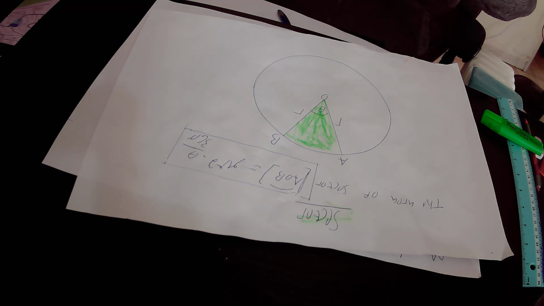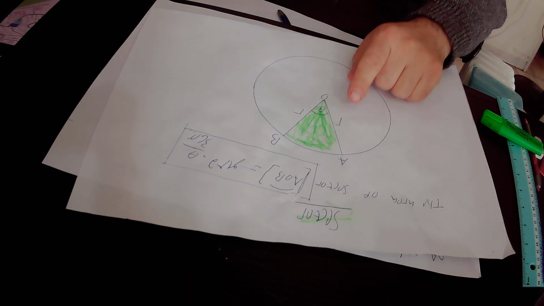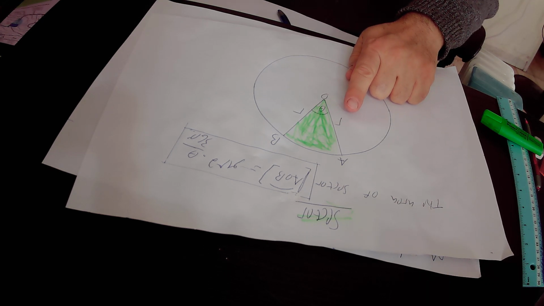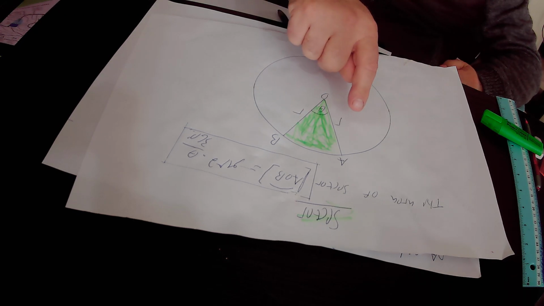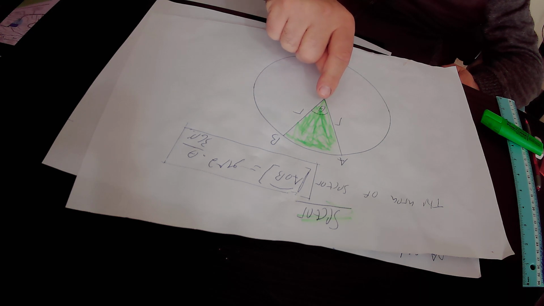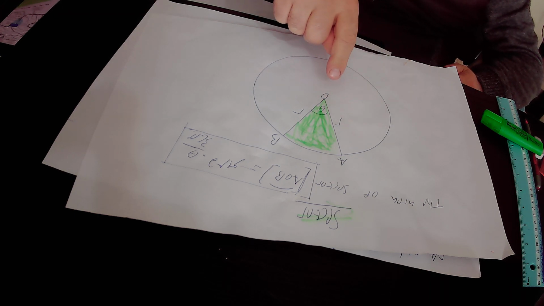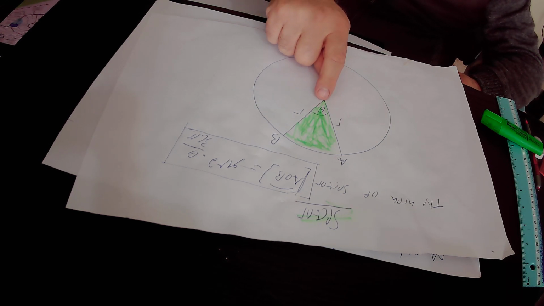So, in conclusion, sector AOB consists of two radii of this circle, and the arc AB, that is the arc between those two radii. And the angle between those two radii, also you can say the angle between the legs AO and OB of this sector AOB, is angle theta.